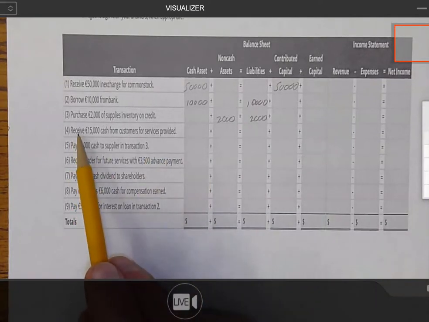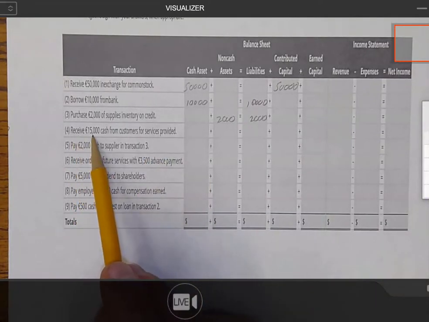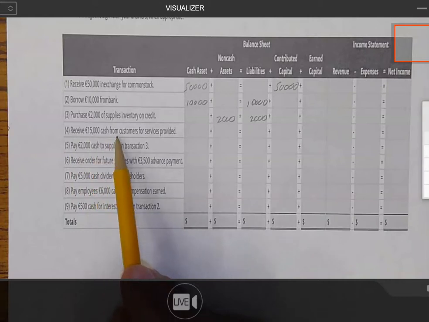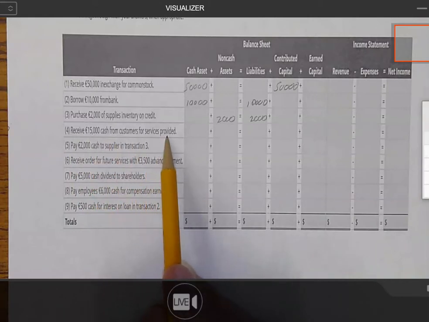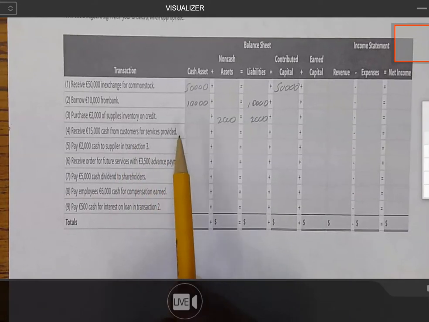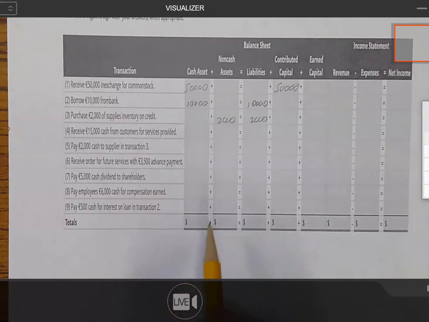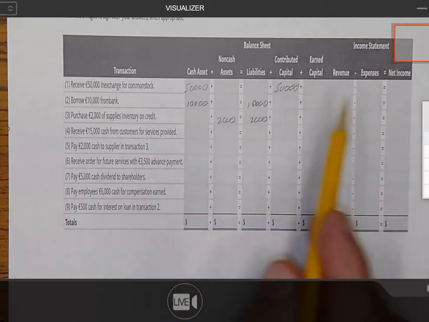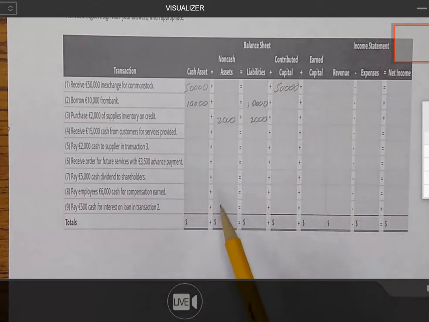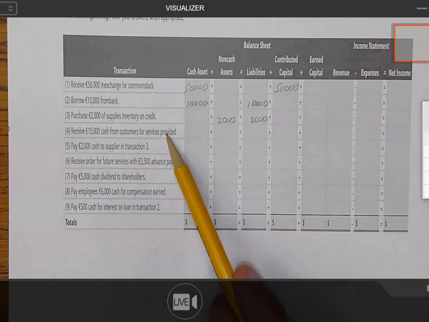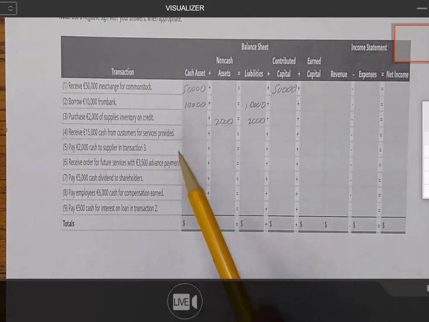Number 4 says we're going to receive $15,000 cash from customers for services provided. So this is important. Now, obviously, there are certain accounts that are just not up here, but do understand that whenever we see services provided, this is one of those situations where we provided services and we received cash.